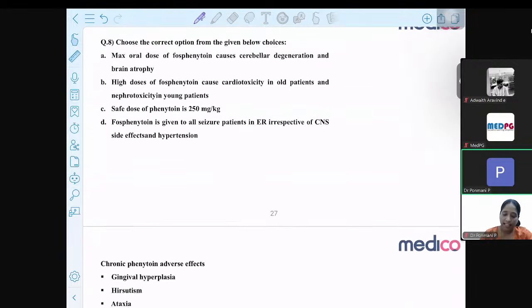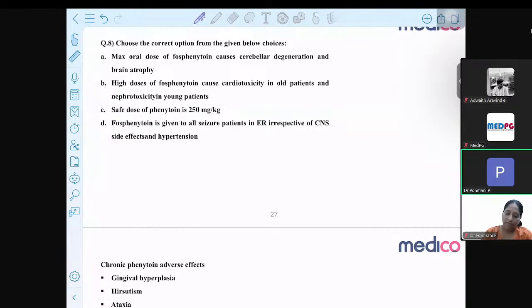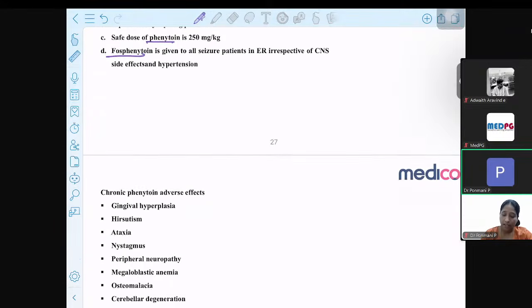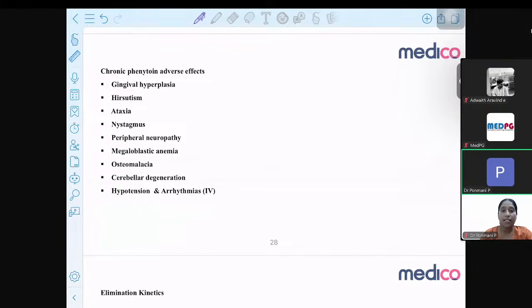Now moving to the next question, choose the correct option from the given choices. Before we read the choices, we see what drug they are dealing with. It is phenytoin and fosphenytoin. So now we will deal with some of the phenytoin facts. Phenytoin, as we saw, inactivates the sodium channels, especially the fast ones, right?